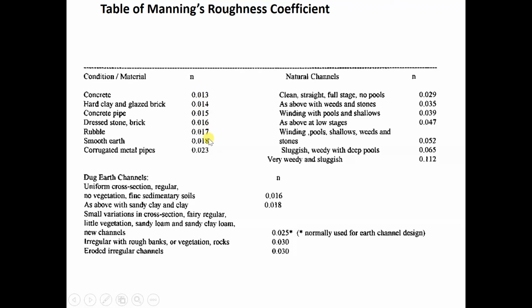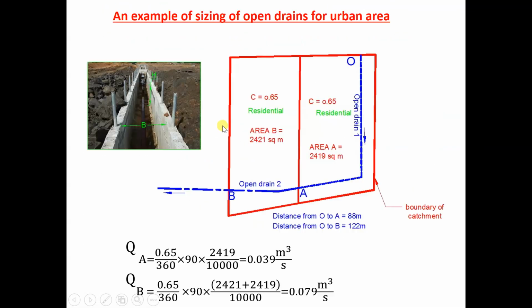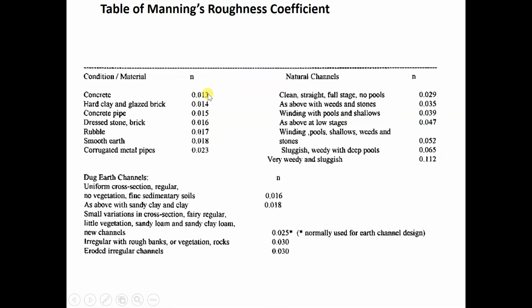When the surface is very rough, it could go up to 0.0223. The earth is 0.018. If it's a river channel, very rough, very irregular, very windy, it can go up to 0.3. Some of them are very windy and sluggish and can go up to 0.112. So for the concrete drain that I am going to adopt, I use 0.013 for the Manning's coefficient.